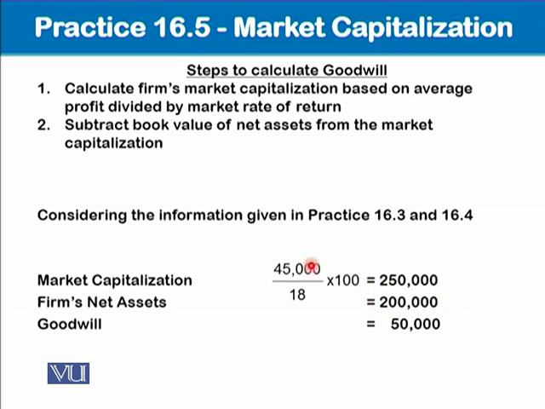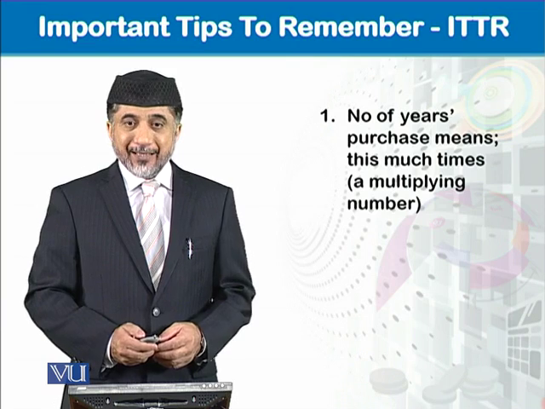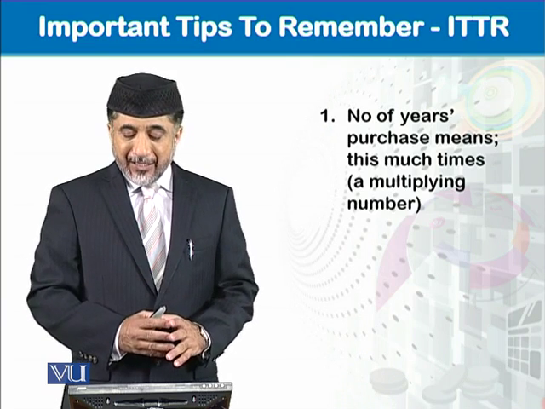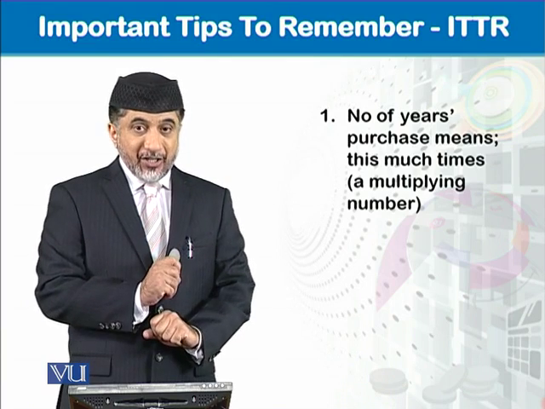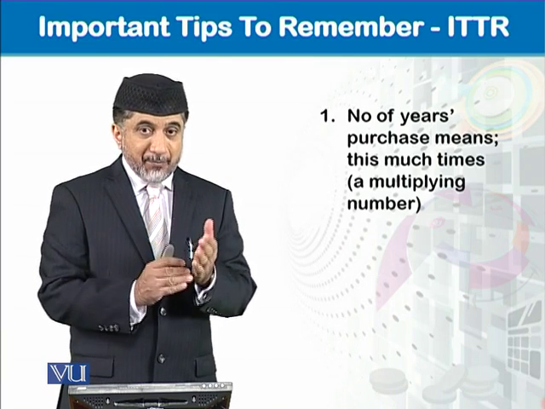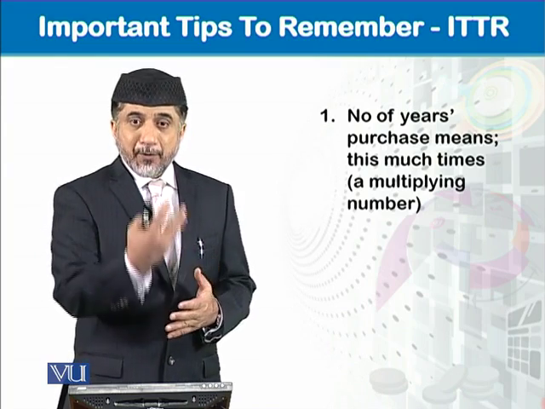Well, so this is how we calculate value of the goodwill under the three methods: average profit method, super profit method, and market capitalization method. So the important tips to remember in this module are that number of years purchase means this much times. Okay, we have to multiply with the average profit or with the super profit.